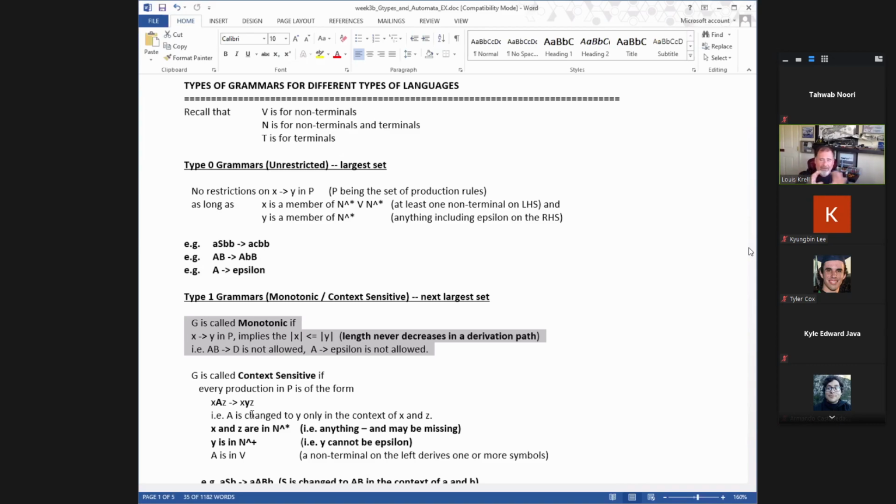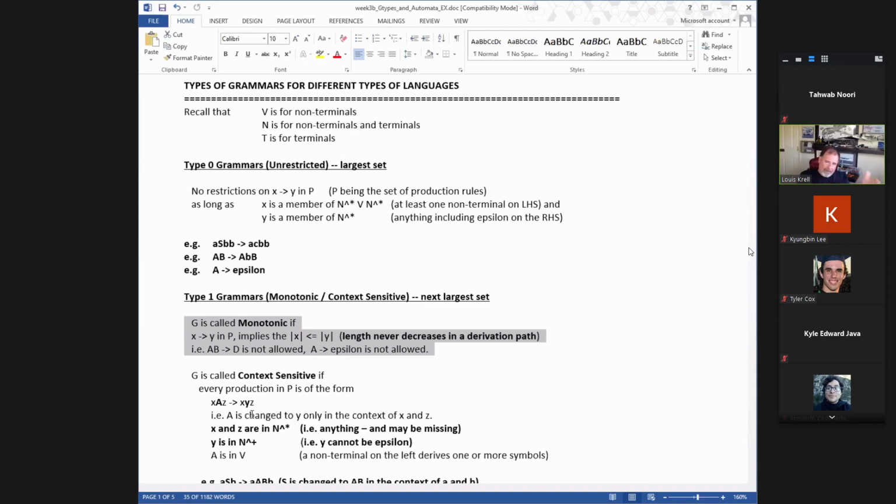So the length, as you go through the derivation path, as we did on Monday, the length will never decrease. So an example is AB going to D is not allowed. You cannot have a smaller production. And A going to epsilon is not allowed in a context-sensitive grammar.